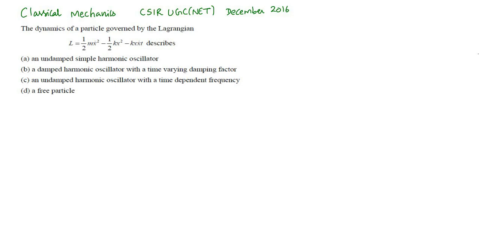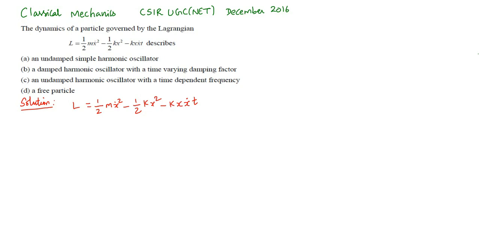What is given is the Lagrangian. Solution: given is the Lagrangian half m x dot square minus half k x square minus k x x dot t.